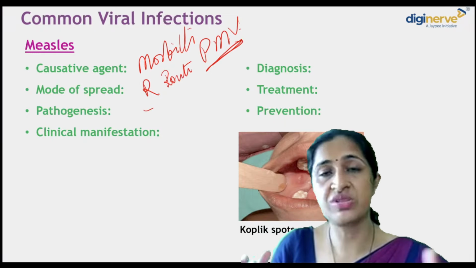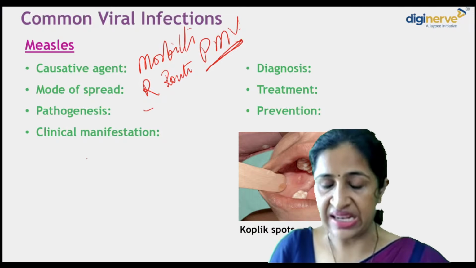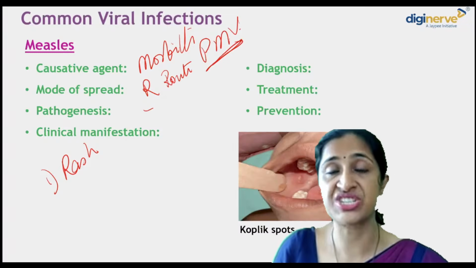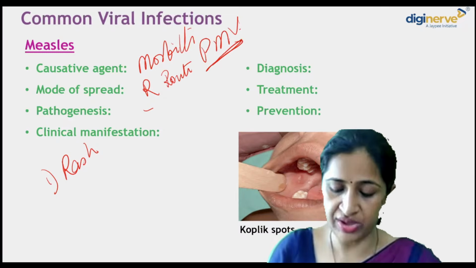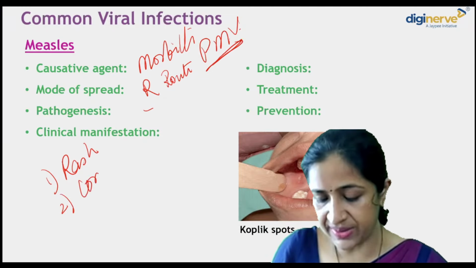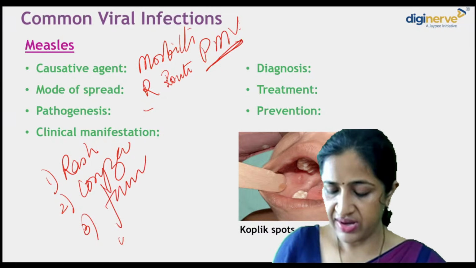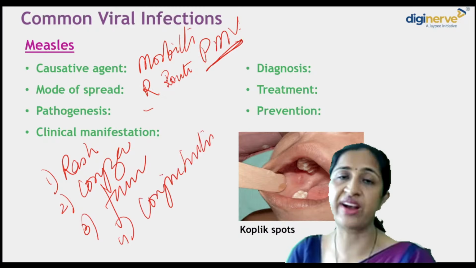Pathogenesis, it goes primary viremia, secondary viremia, lymphoid organs, you know all of this. Clinical manifestation is rash, the typical measles rash goes further down from the face, down to the neck, over the body. And then coryza, fever, and conjunctivitis. This is the classical triad of measles.